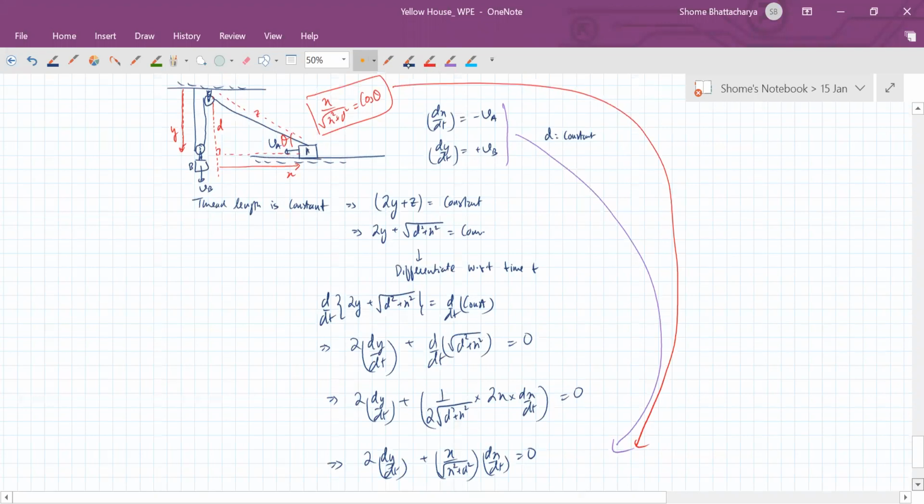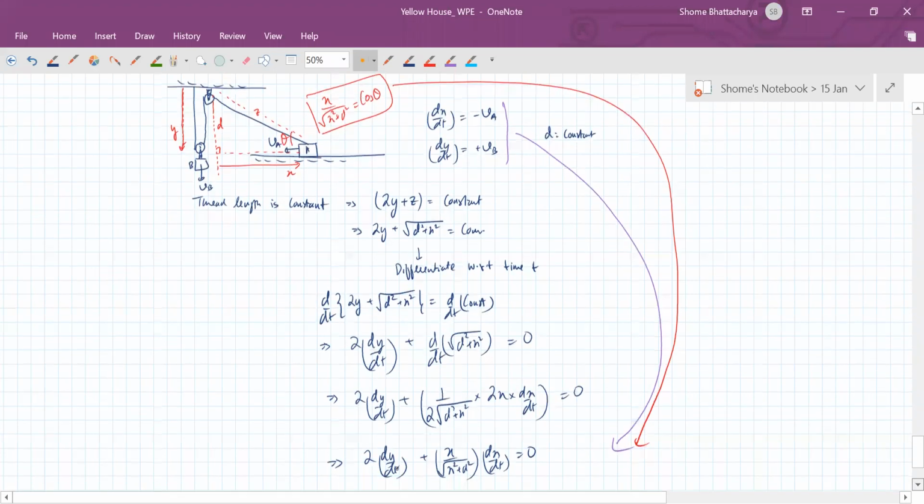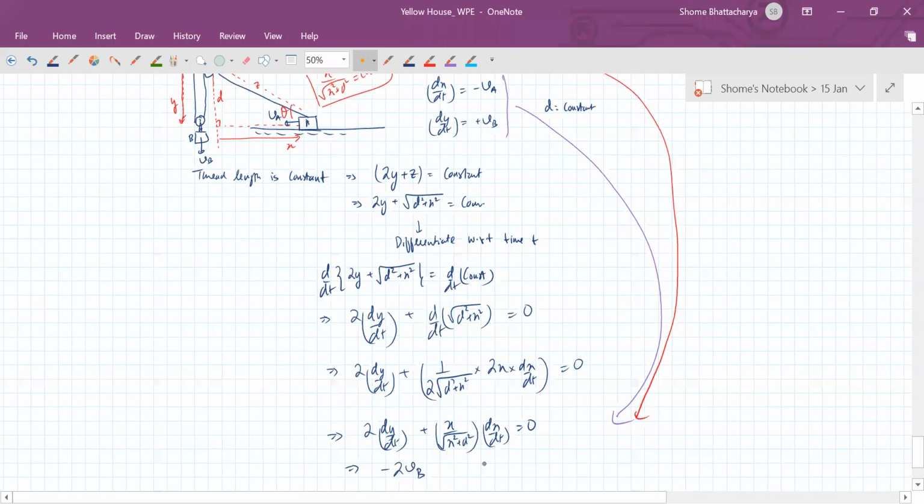So this equation will become like this, that plus 2Vb plus cos theta into minus Va is 0. So Va cos 37 degrees is equal to 2 times Vb, because theta was 37 degrees.